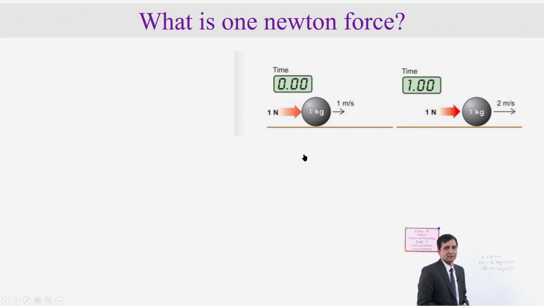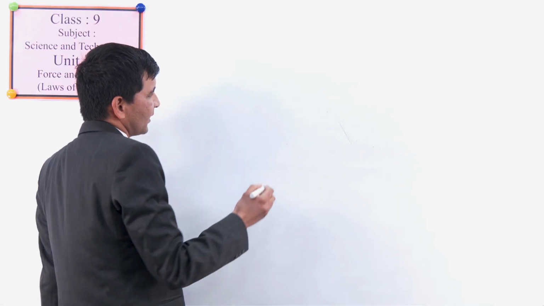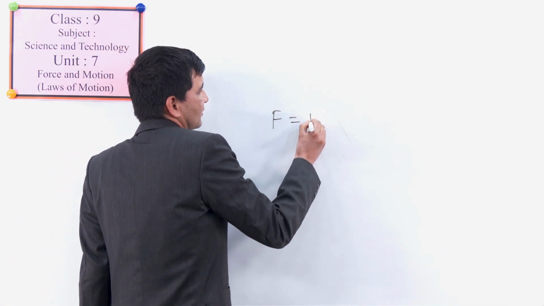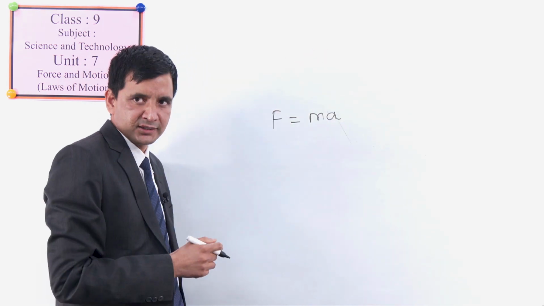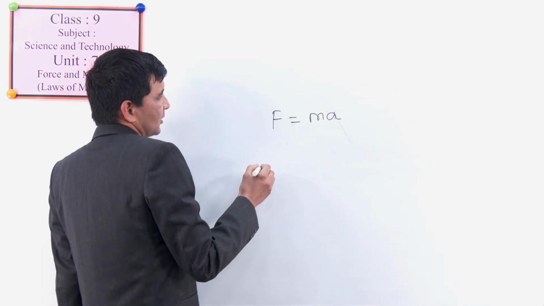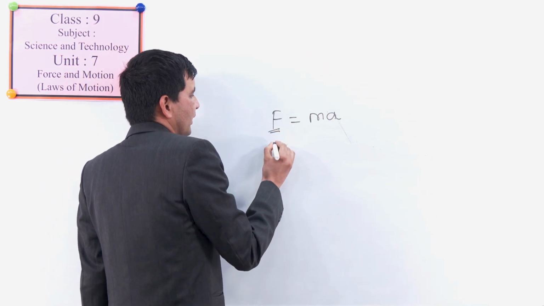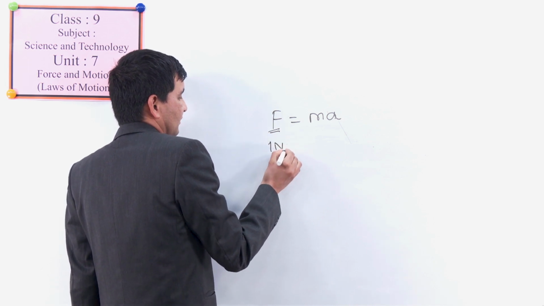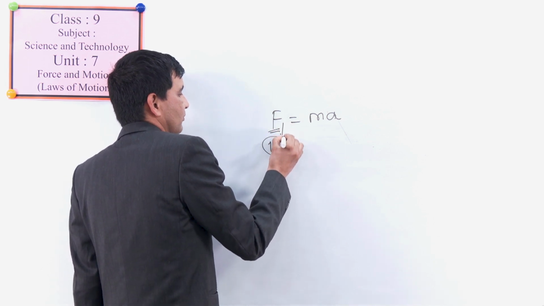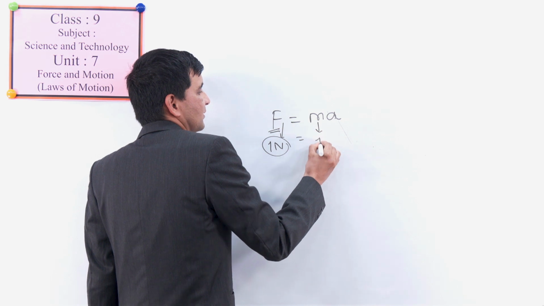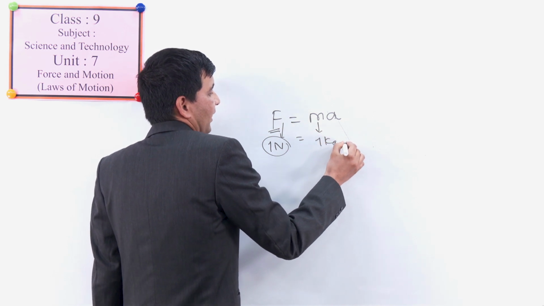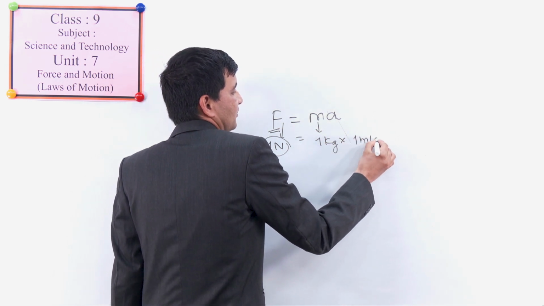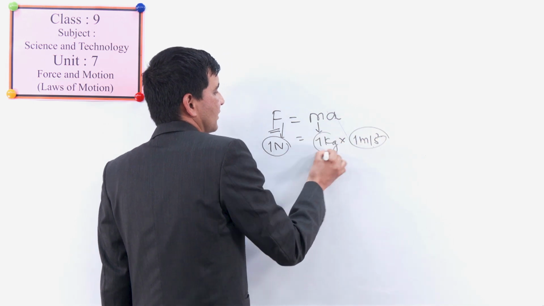It means that, look here, from Newton's second law of motion, F is equal to m into a, mass into acceleration. So if we take their unit quantities, F 1 Newton, mass 1 kg and acceleration 1 meter per second square.